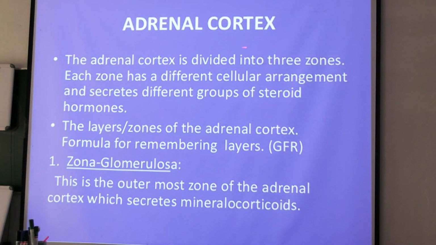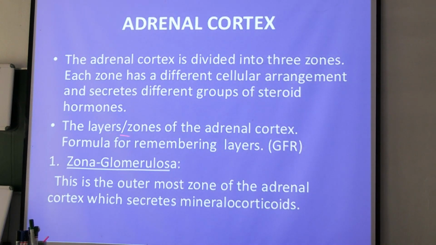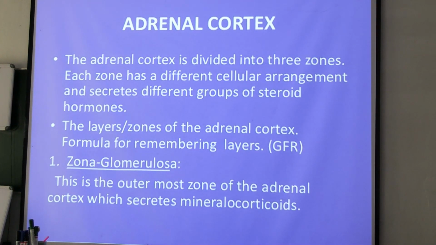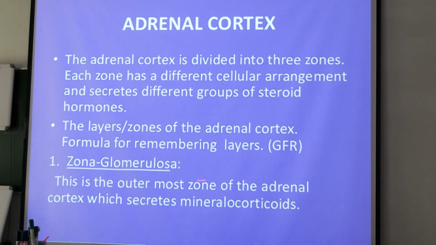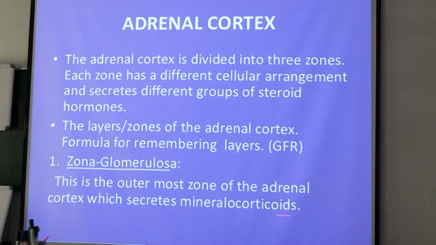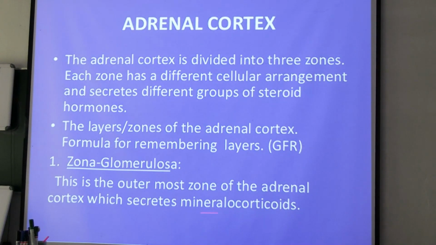So adrenal cortex is divided into three zones. Each zone has a different cellular arrangement and secretes different groups of steroid hormones. For the layers or zones of the adrenal cortex, the mnemonic is GFR, you can remember like this from outside inward. First is zona glomerulosa, the outermost zone of the adrenal cortex, which secretes the mineralocorticoids.